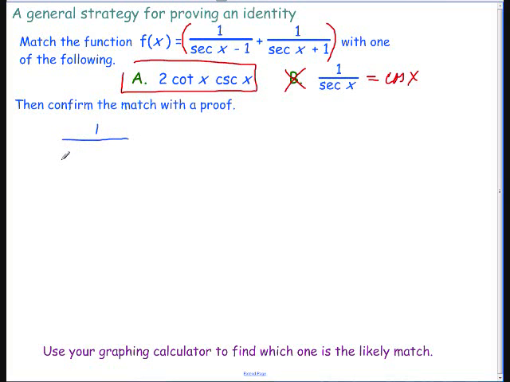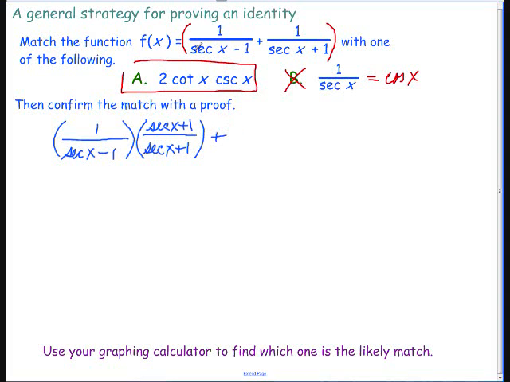So 1 over secant x minus 1, that whole thing is going to be multiplied by a fancy 1, and that fancy 1 is going to be secant x plus 1 over secant x plus 1.